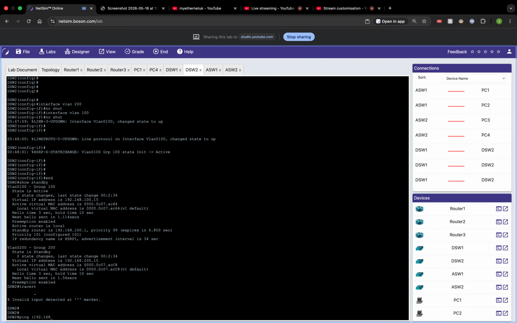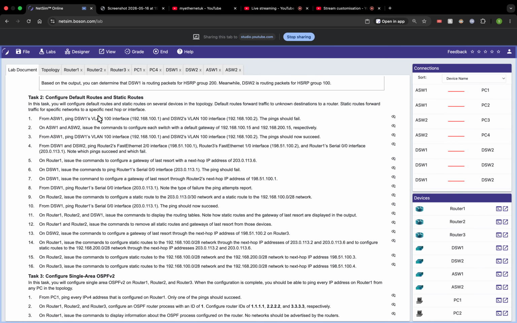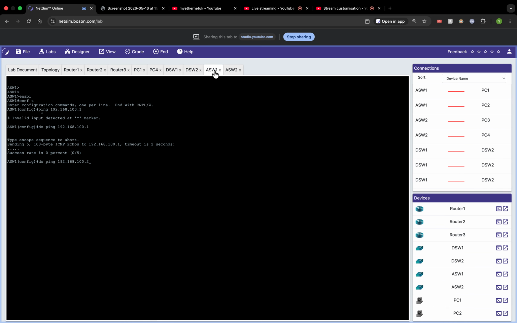So from ASW1, what we're going to do is ping DSW1's VLAN 100 interface and DSW2's VLAN 100 interface. The pings should fail. Let's go to ASW1, access switch 1, and we've got access switch 2. We ping DSW1's VLAN 100 interface, 192.168.100.1.